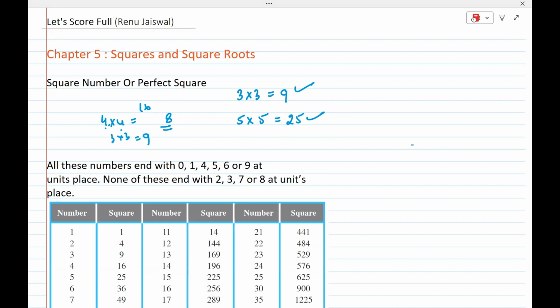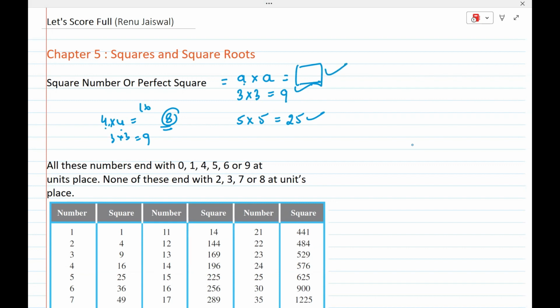So I do not have any number which gives me 8 by multiplying a number by itself. So that's a square number or perfect square. What is it exactly? If I get a number by multiplying a number by itself. So if I have a, multiplying a by a itself, I'll get some number and that number is a perfect square.